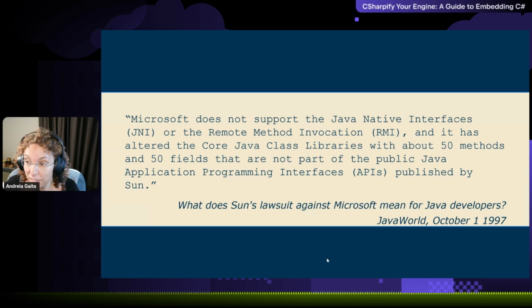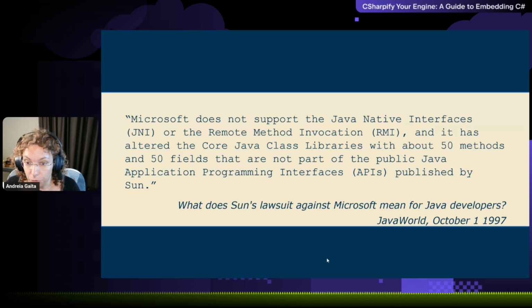So they didn't change Java, they just added a couple of 50 methods on top of it. And that is highly offensive, extending the Java libraries with 50 methods. And this is specifically in the complaint.